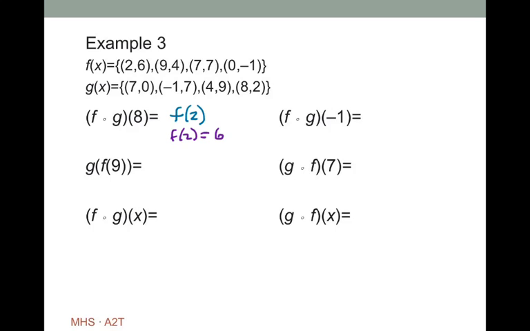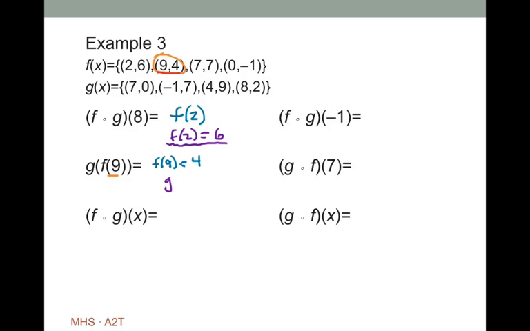G of f of 9. Okay, first we're going to take 9 and plug it into the f function in the x value. So 9 into the f function, right up here. The x value is 9, and see what you get out for y. In this case, you're going to get 4. So you'd say that f of 9 is equal to 4.